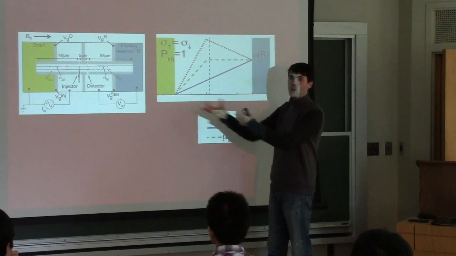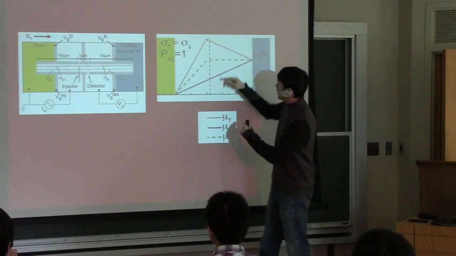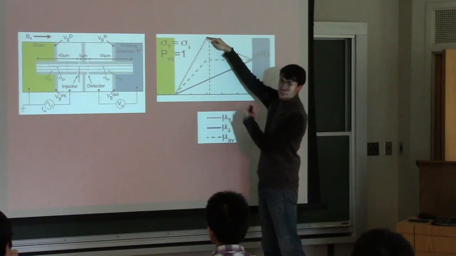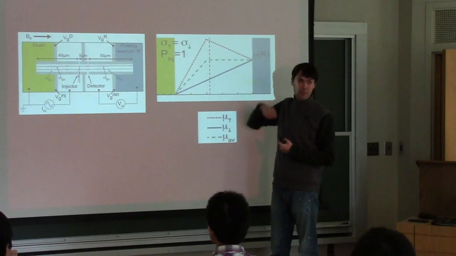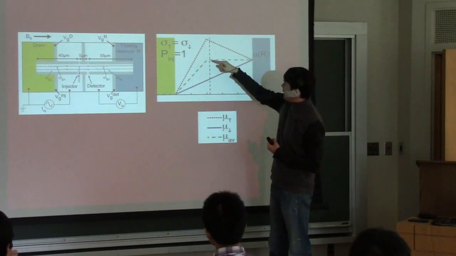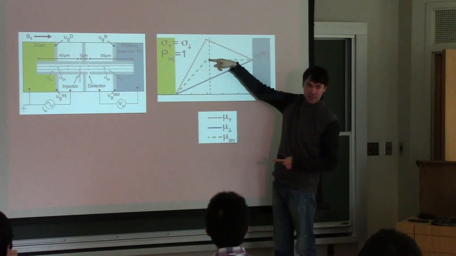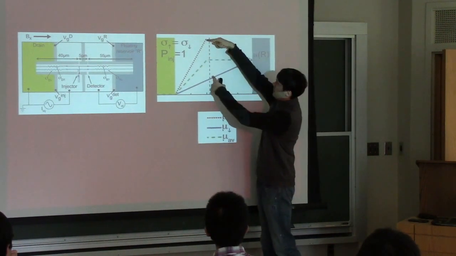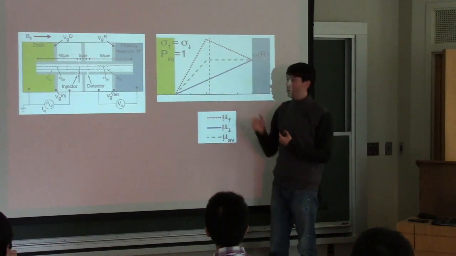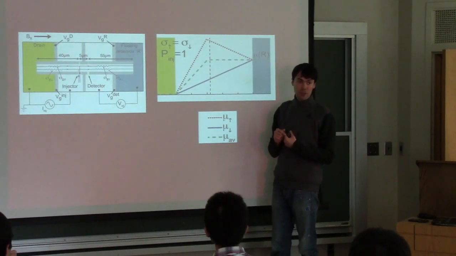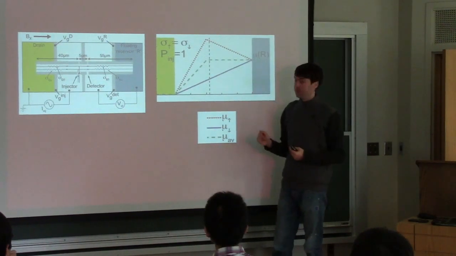So we are sending so many spin up electrons that we are creating a chemical potential difference between the spin up electrons and the spin down electrons. Now the average chemical potential remains at this level, and if you break up the average into two spin species, you start getting this difference.